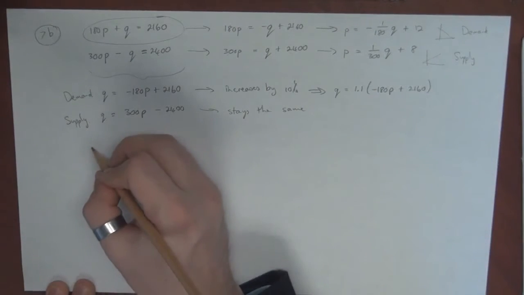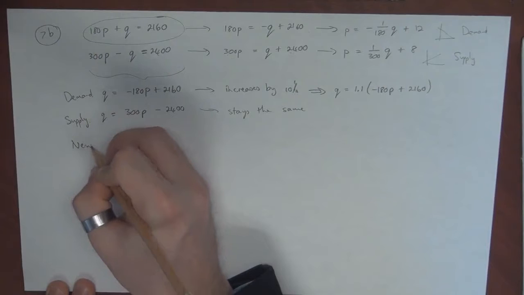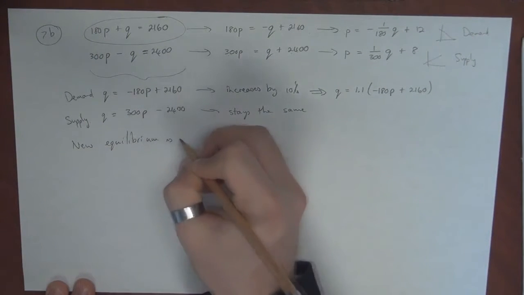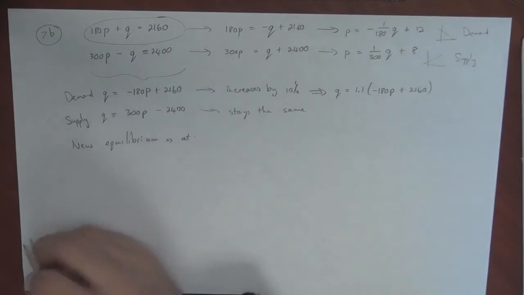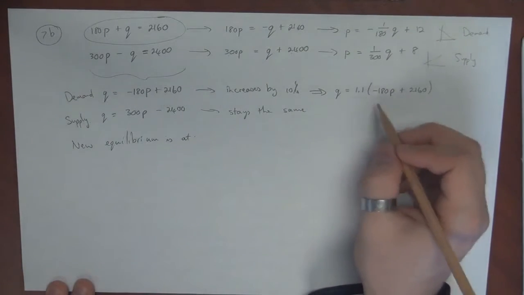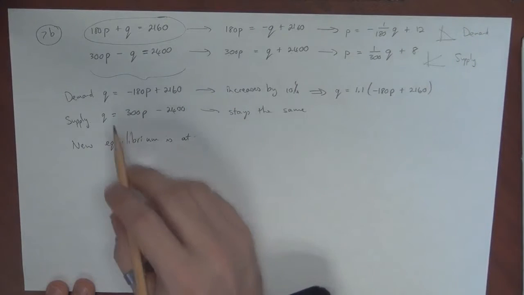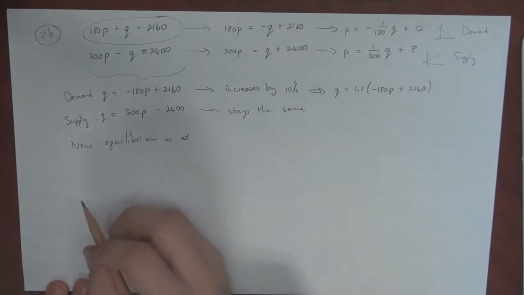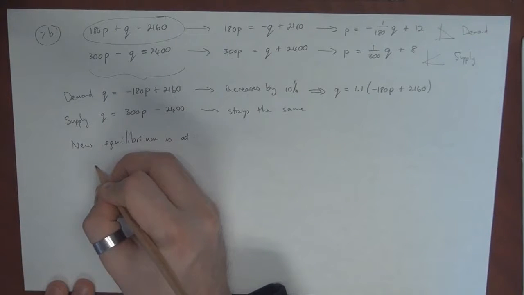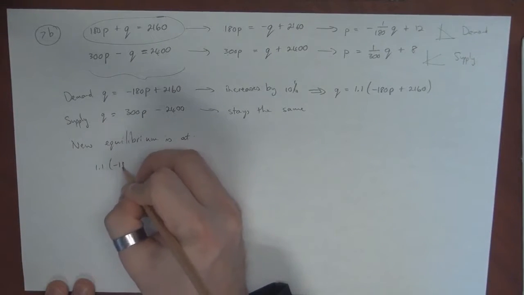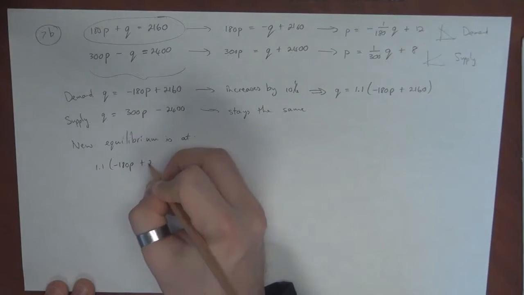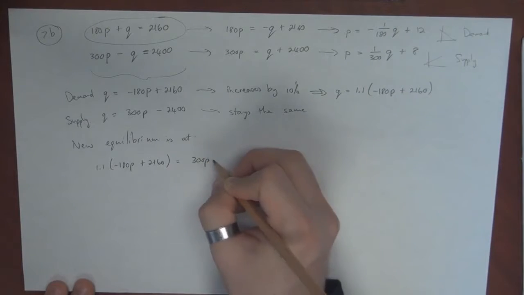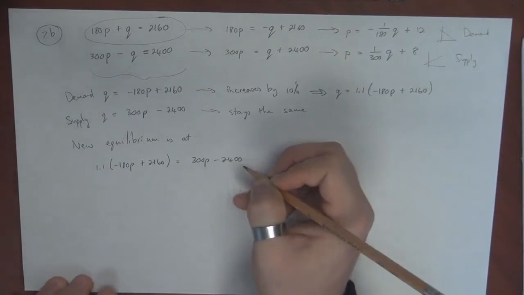So now I set these equal to each other. Now the new equilibrium is when these two are equal to each other. The new increased demand quantity compared to the current supply quantity. So I have 1.1 times negative 180p plus 2160 equal to 300p minus 2400.